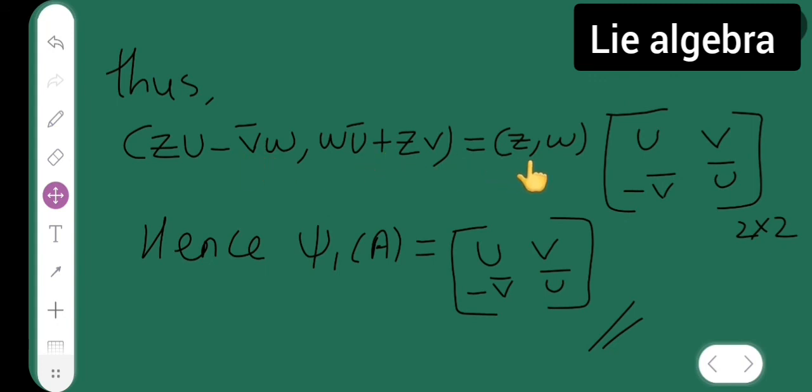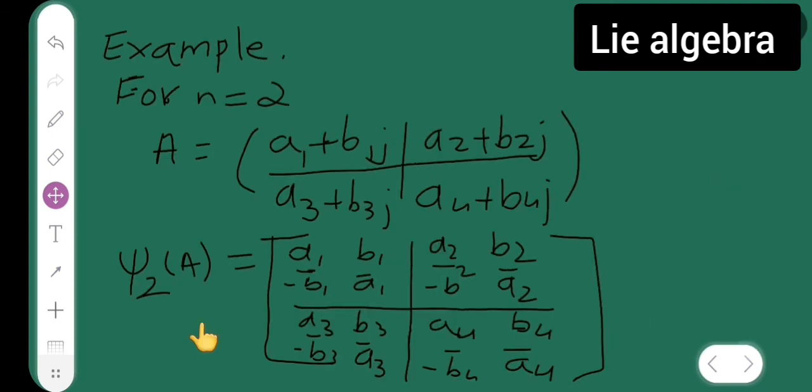Now this is equal to (z, w) times the matrix with rows (u, v) and (minus v conjugate, u conjugate), a 2 by 2 matrix. So this is my psi 1 of A, equal to the matrix (u, v; minus v conjugate, u conjugate). So I am done with this example.